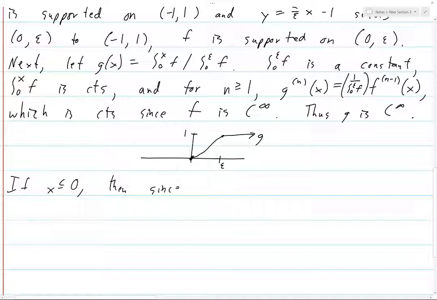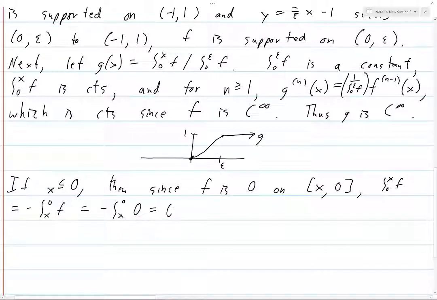But because f is 0 in this region, you're just integrating the 0 function, and so you just end up with 0. And so g of x is going to be the integral from 0 to x of f over the integral from 0 to epsilon of f, which is just 0 over whatever that number is, and so it's just going to be 0.